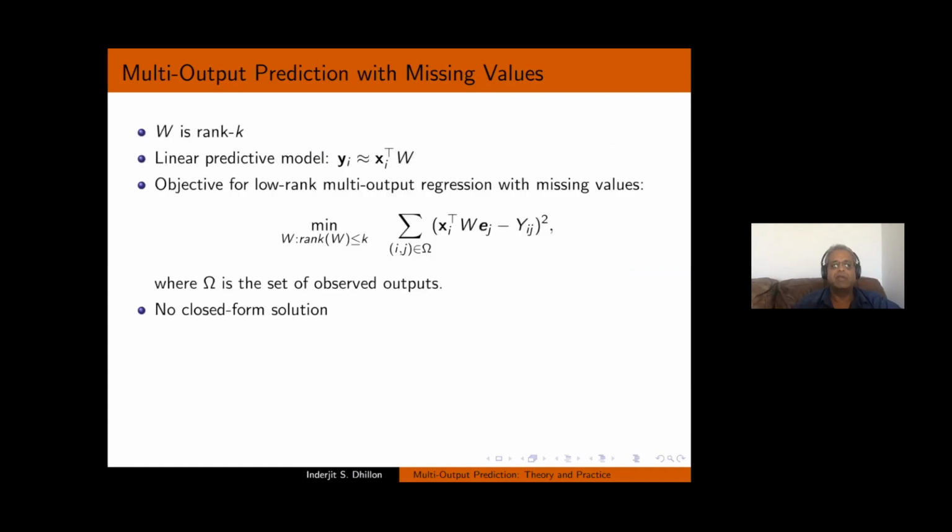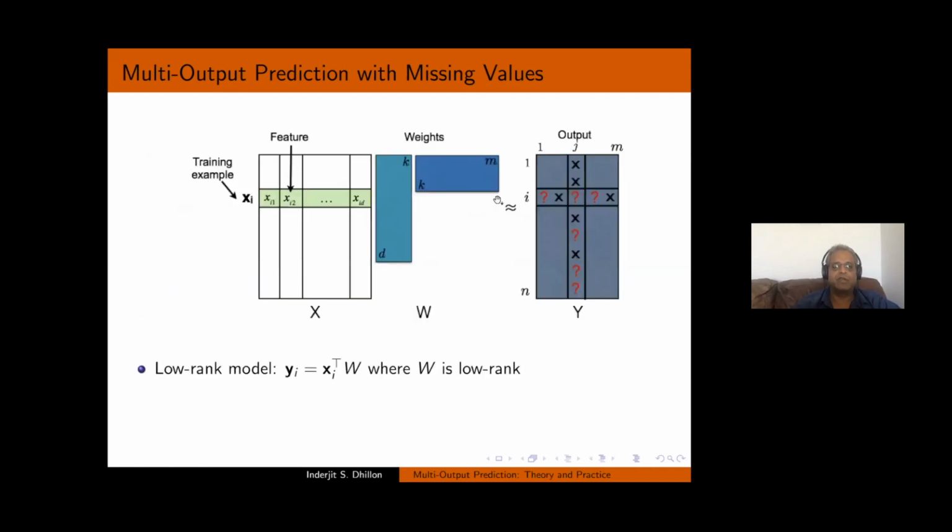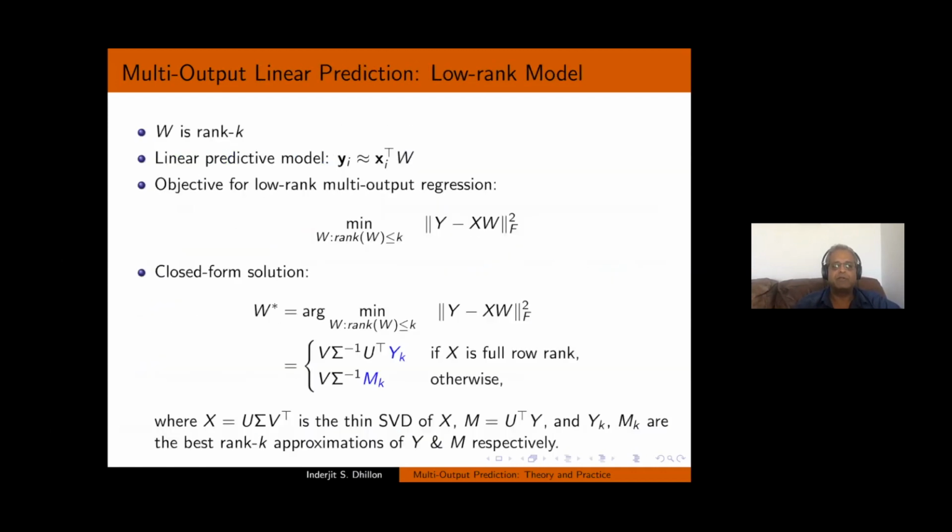And then I can formulate the objective very similarly to what I had before. So there is really not that much difference. Over here, I had the minimization over rank up to rank K coefficient matrices W, over all the entries of Y. That's what this Frobenius norm denotes.